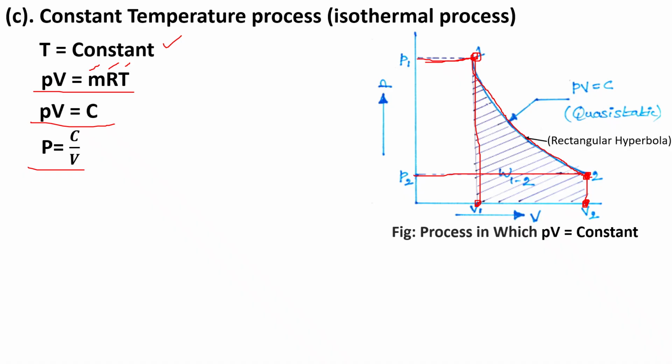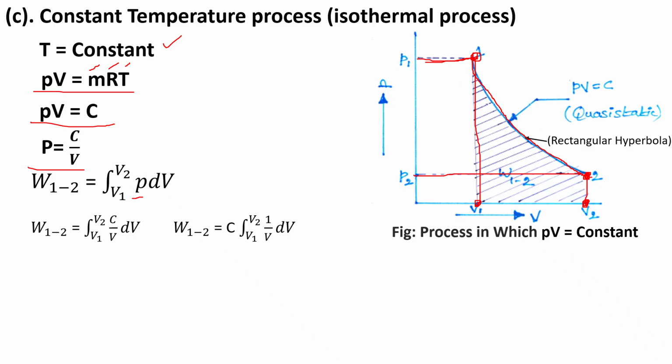Next we have to see the work done in this process, that is W1 to 2 equal to the integration of PdV from V1 to V2. Here P can be written as C by V, then W1 to 2 equals the integration of C by V dV from V1 to V2, and C is a constant and is brought outside the integration, then W1 to 2 equals C into the integration of 1 by V dV from V1 to V2.